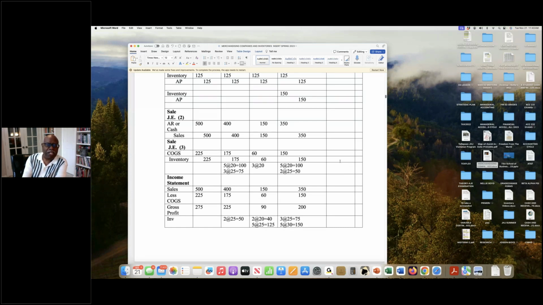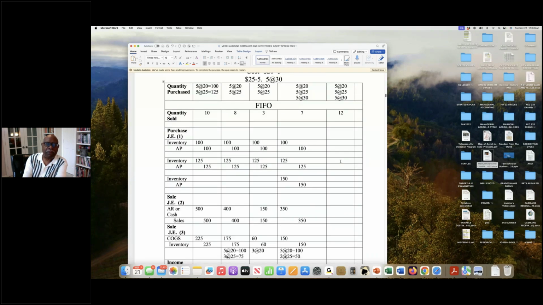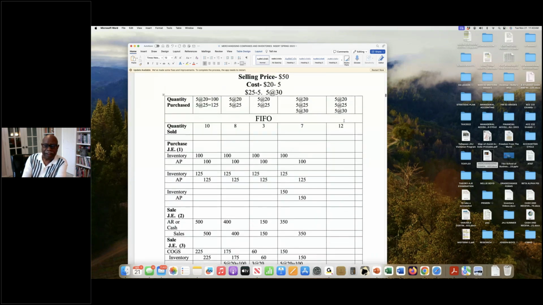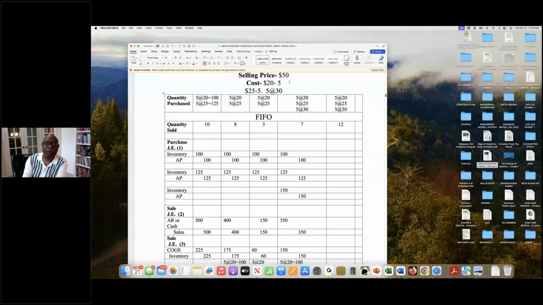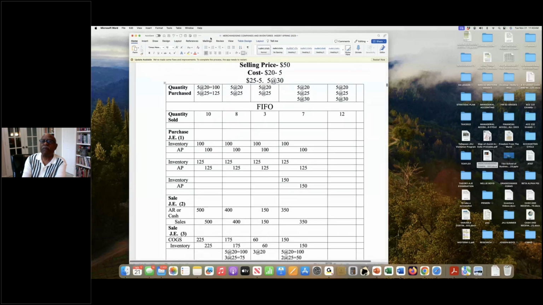All right, work this one here where we sell 12. Go through and take your time, follow the steps, and work this. You have about 10 minutes to get this one worked.